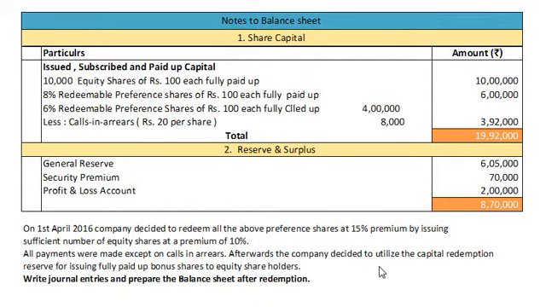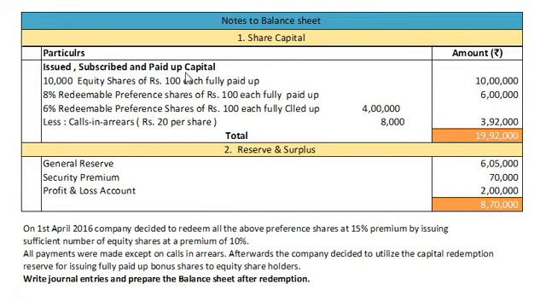Afterwards, the company decided to utilize the capital redemption reserve for issuing fully paid up bonus shares to equity shareholders. Write journal entries and prepare the balance sheet after redemption. Dear students, this is one of the very good examples asked in our university paper. Before we start the solution, let us understand the question.